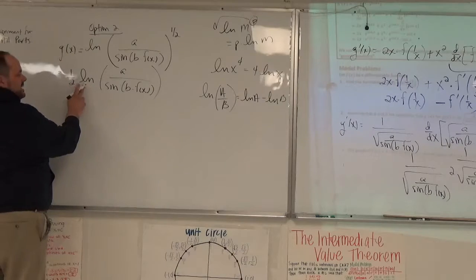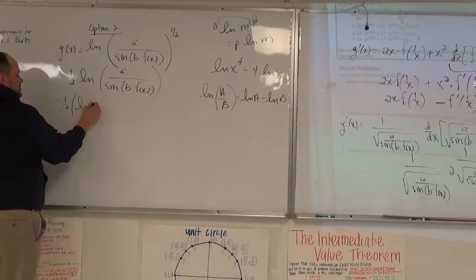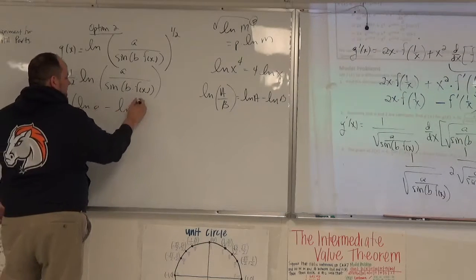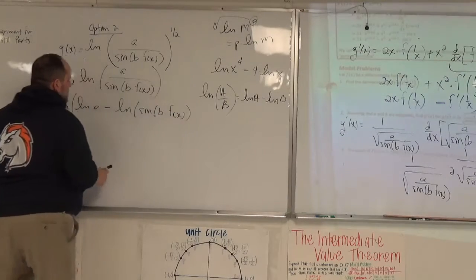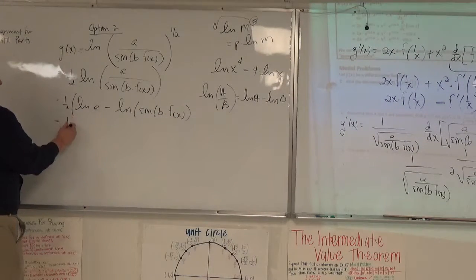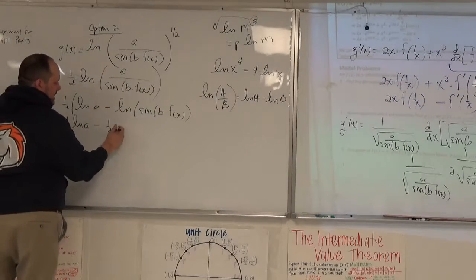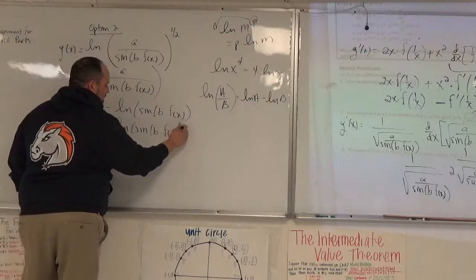So rather than saying natural log of this guy here, I've got 1/2 of the natural log of a minus the natural log of the sine of b times f of x. That half has to get distributed all the way through. So we've got 1/2 natural log of a minus 1/2 the natural log of the sine of b times f of x.